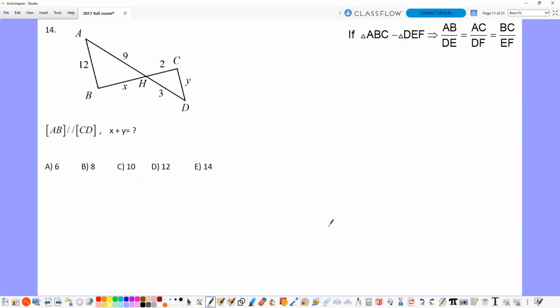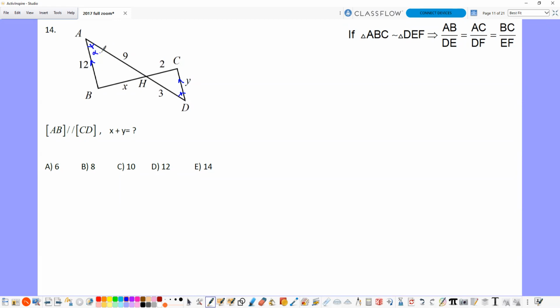It is about the similarity of two triangles. If this line is parallel, it means that this angle and this angle are alternate angles, so they are equal to each other. This angle and this angle are also equal.